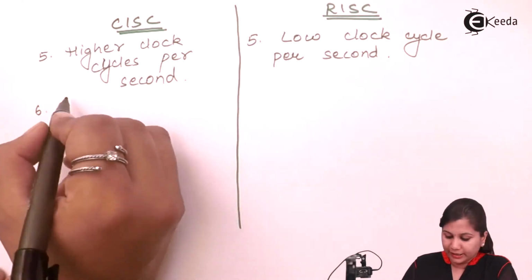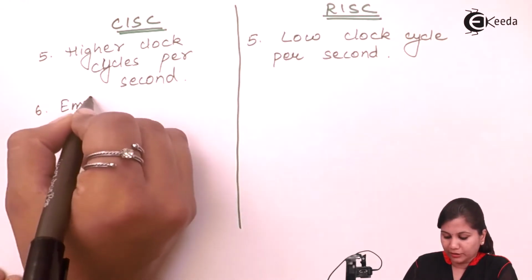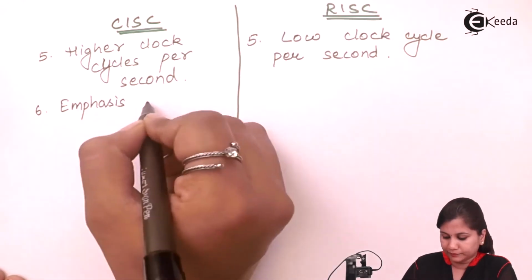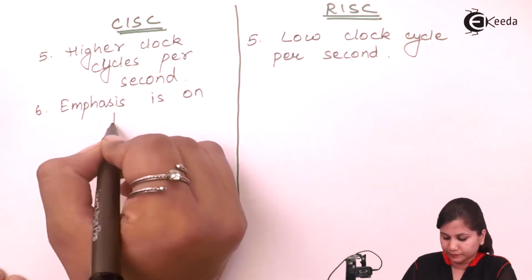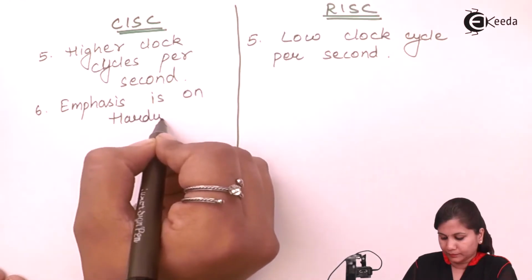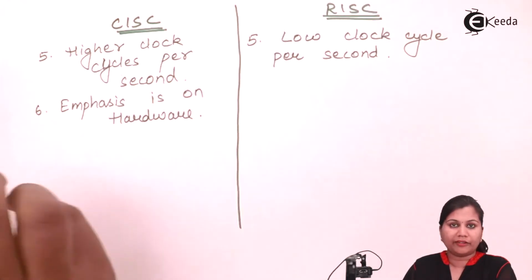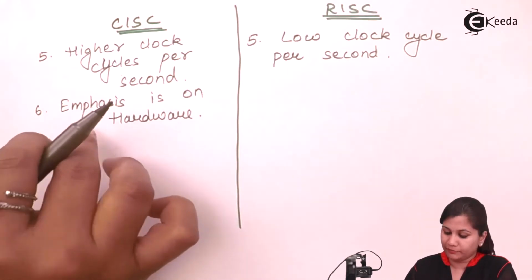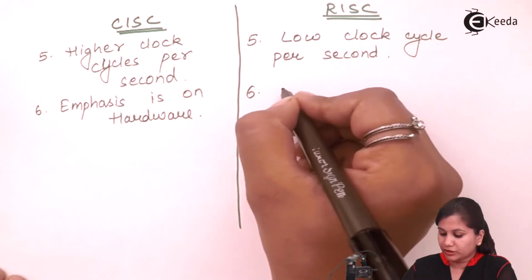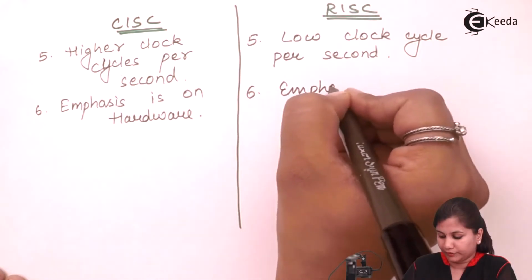In the CISC architecture, the emphasis is on the hardware, on what hardware components are involved in the system, whereas in the RISC architecture the emphasis is on software.